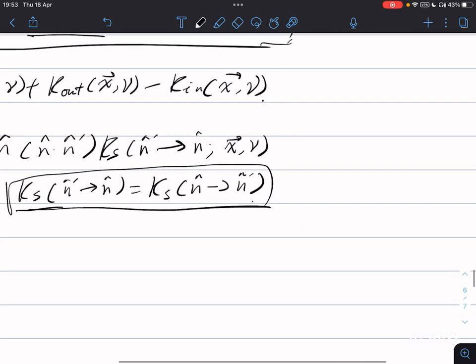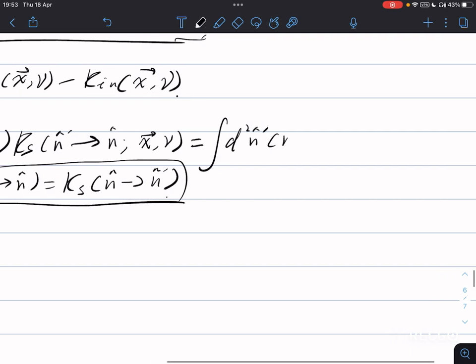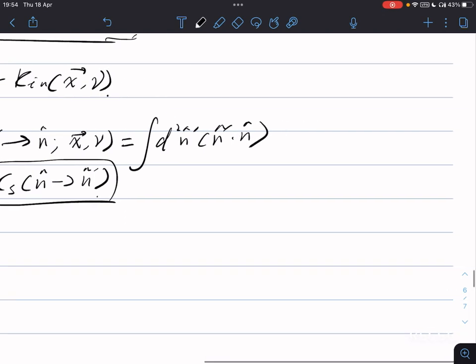So we obtain the integral of d squared n prime of the scalar product of n prime and n times chi scattering n to n prime.